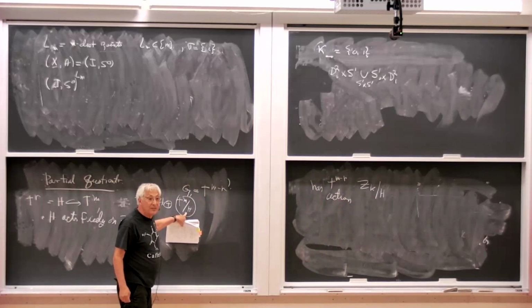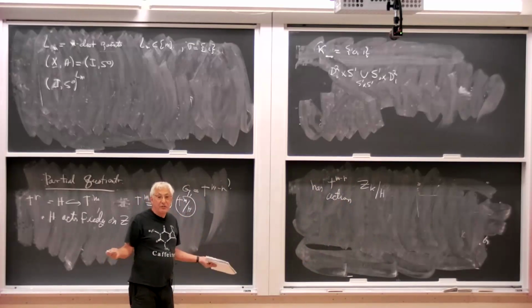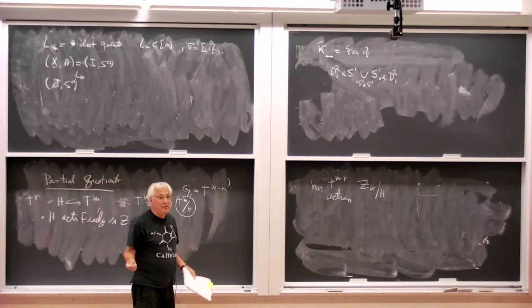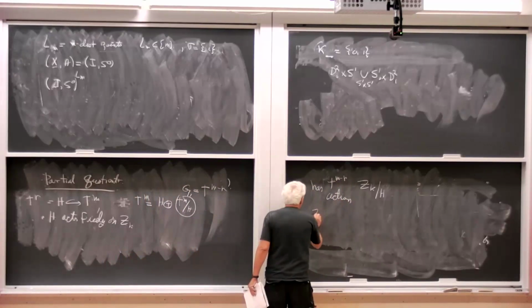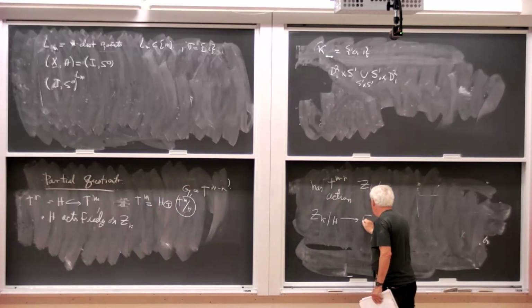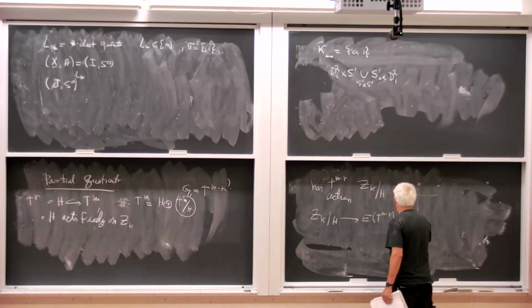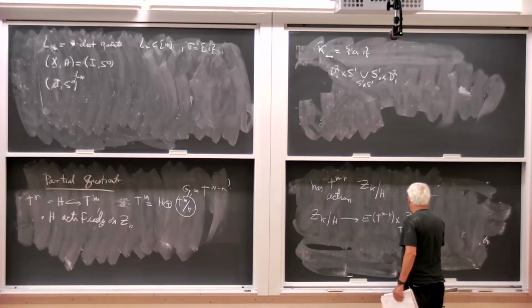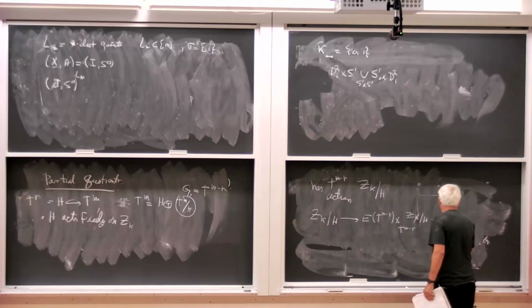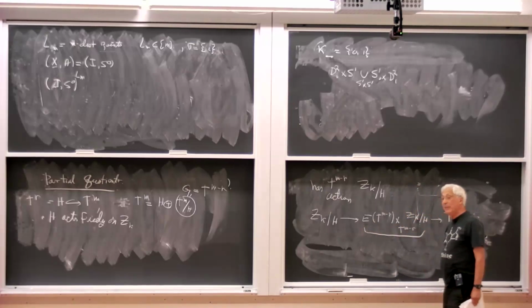There's still this much left over. So I get a fibration, just as we did with the moment angle complex. Yes, use ZK mod H. I'm going to have the Borel construction. This is not mysterious. We've seen this already.